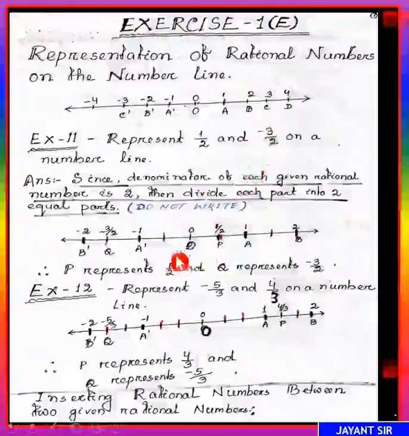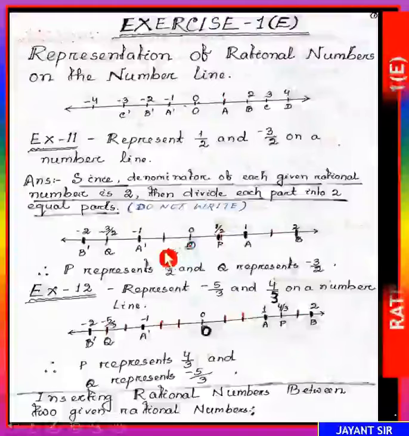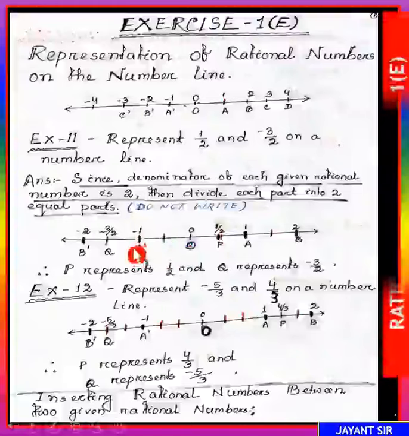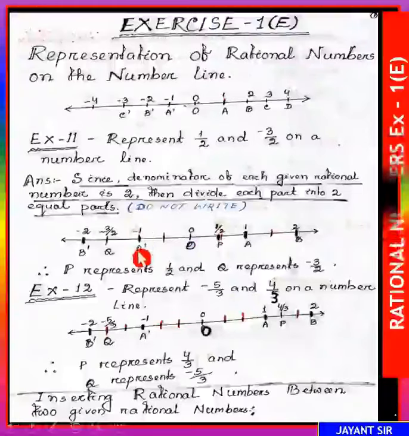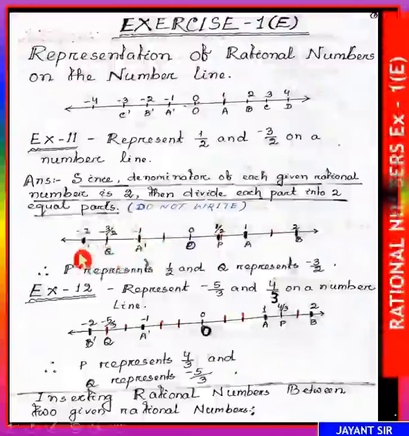Come to the minus, that is the negative left side. This is divided into two equal parts. Now go on counting: this one is -1/2 and this one is -2/2. Reduce it, it is coming -1. Then -3/2, -4/2.